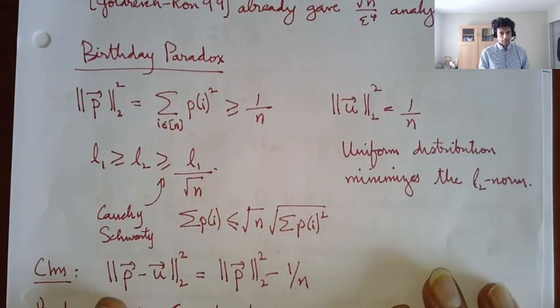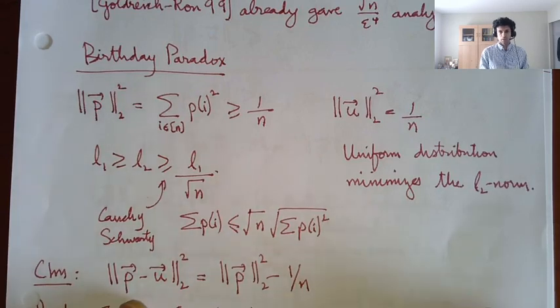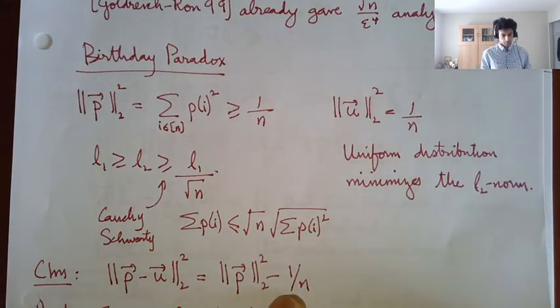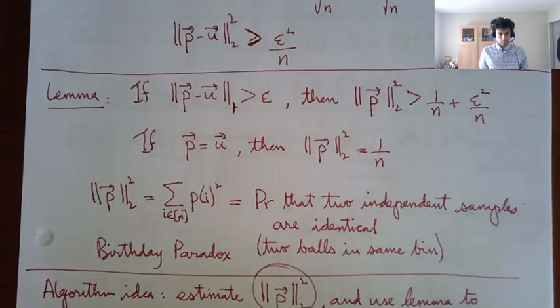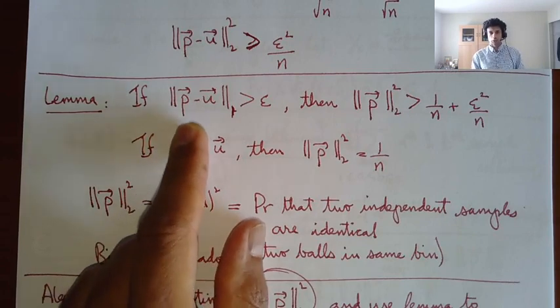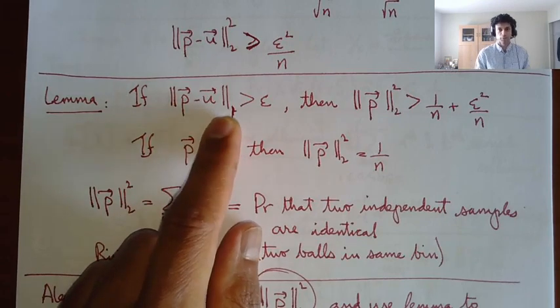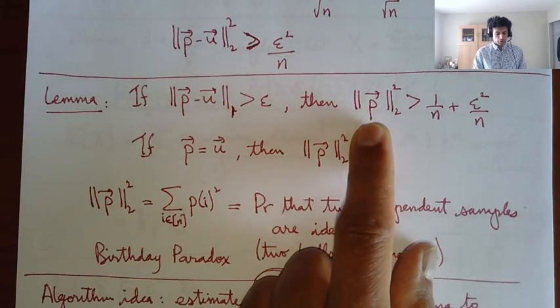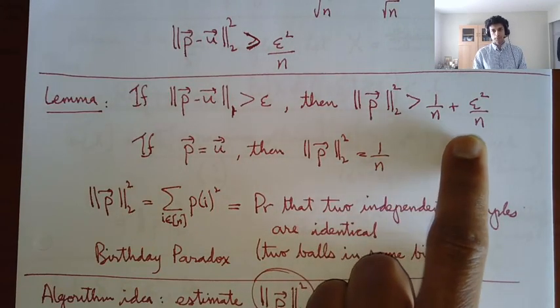So the first step was to show this relatively simple equality: the 2 norm squared between the uniform distribution and a given distribution is basically the collision probability, which is the 2 norm squared of the distribution, minus 1 over n. And doing a little bit of manipulation, we can show that if a distribution P is far from uniform, meaning that the distance to the uniform distribution is at least epsilon, then the 2 norm squared is at least 1 over n plus epsilon square over n.